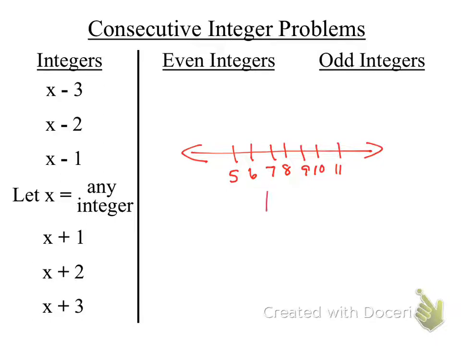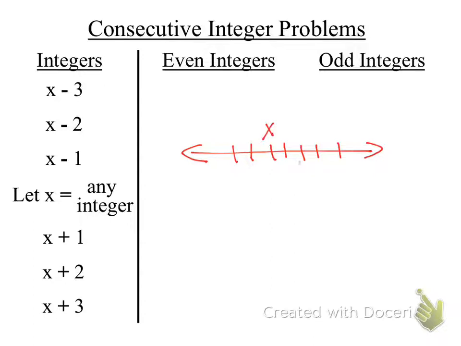What am I doing to 7 to get to 8? We add 1. So if I don't know these, let's say this is my x.